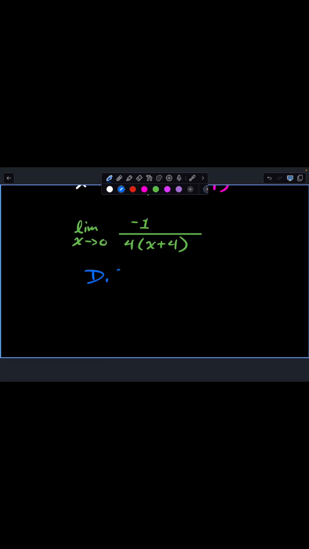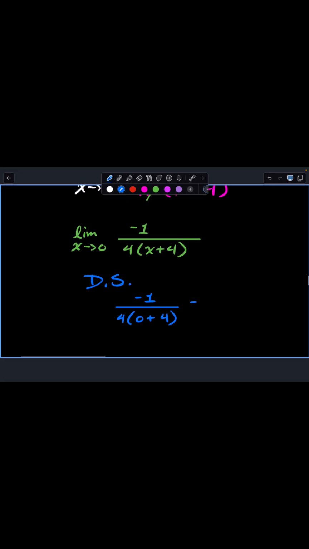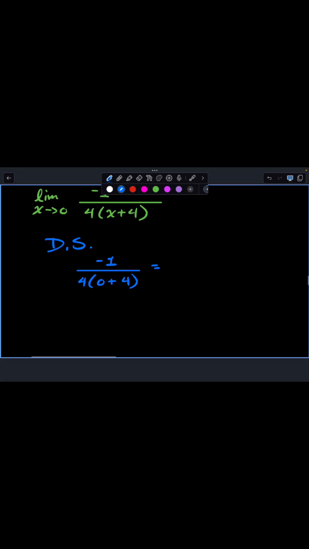Direct substitution. So we get negative 1 divided by 4 times 0 plus 4. What do we end up with? Negative 1/16. Agreed? And that's it.